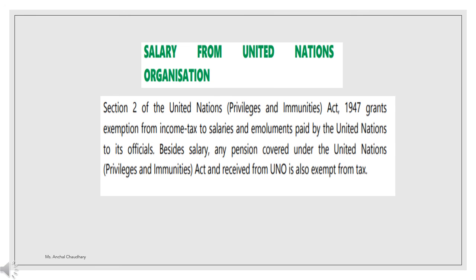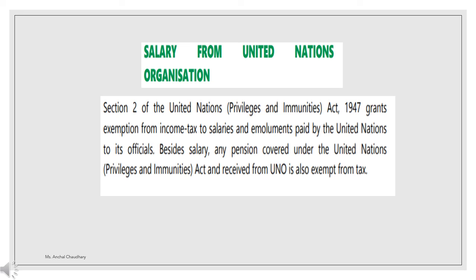And the last topic is salary from United Nations organizations. According to Section 2 of the United Nations Act 1947, whatever amount of salary or emoluments is paid to United Nations officials is exempted from income tax.